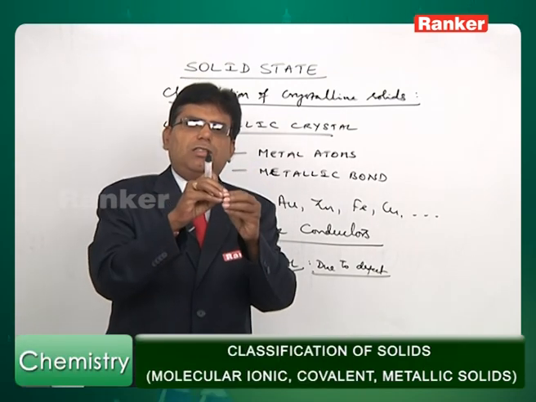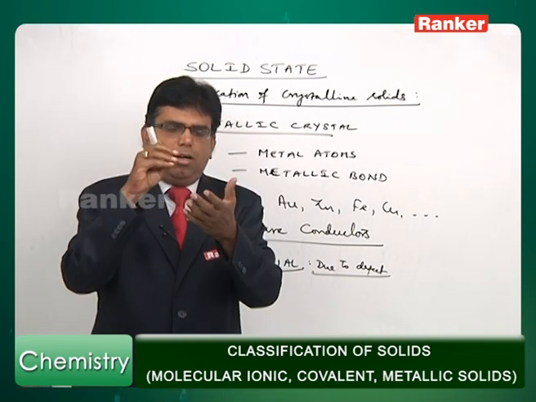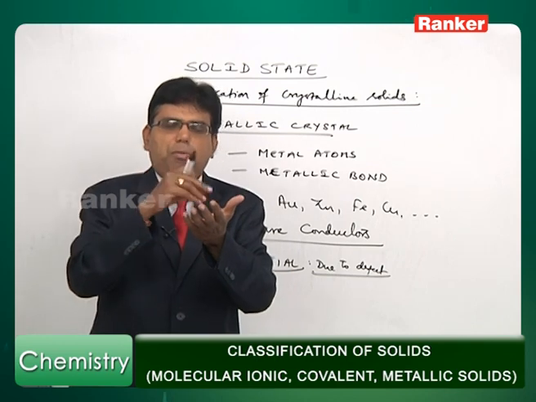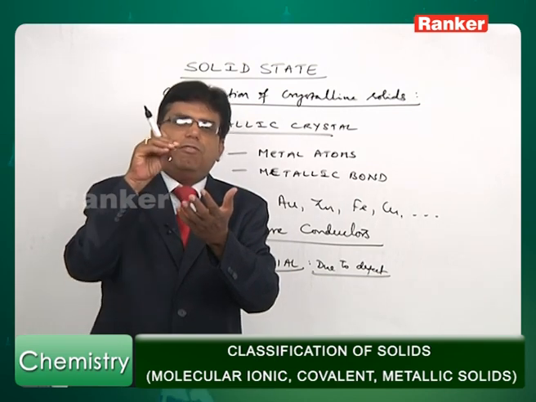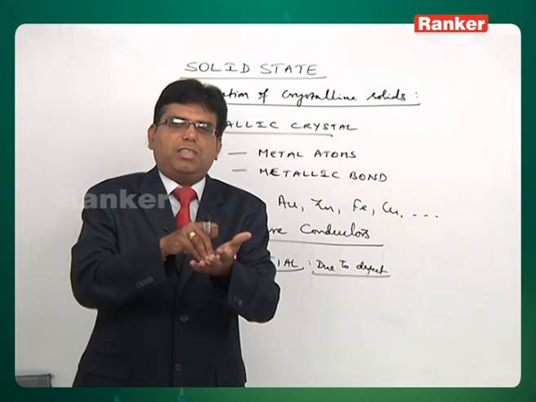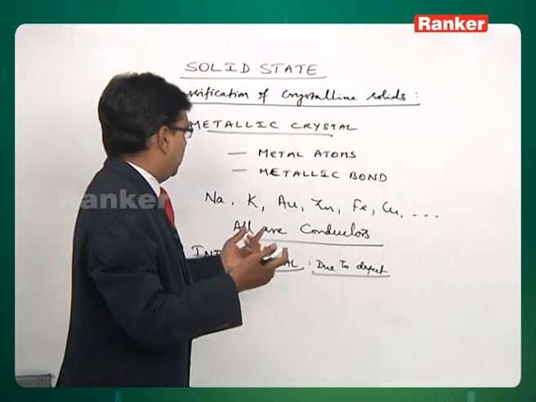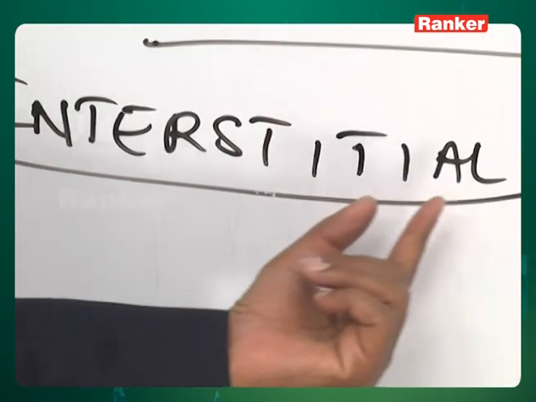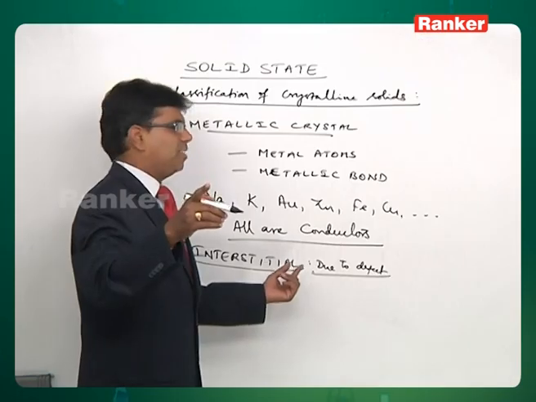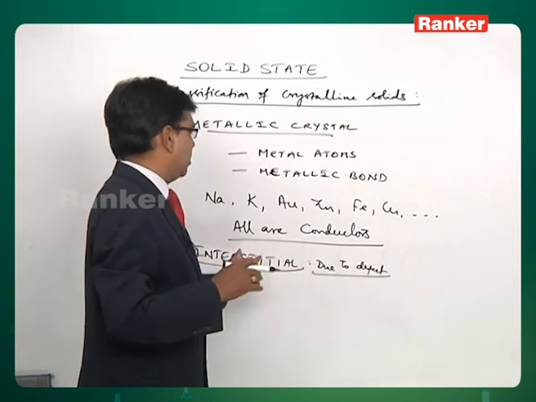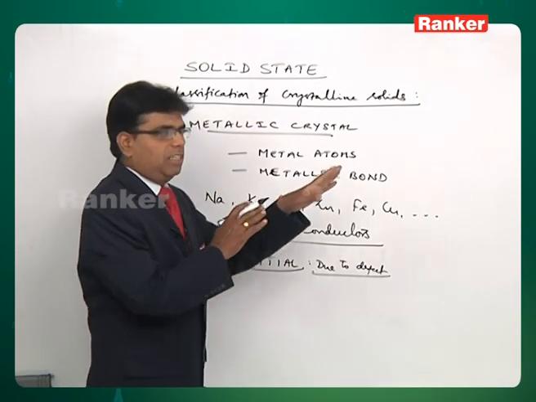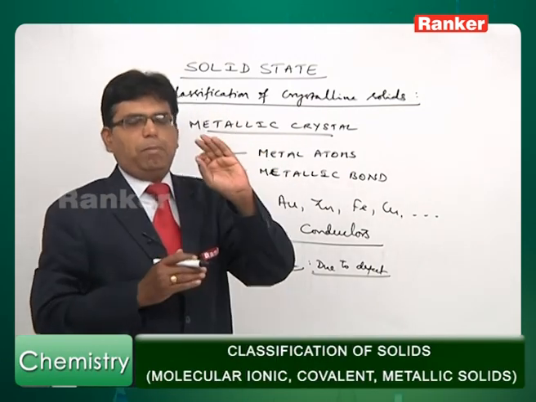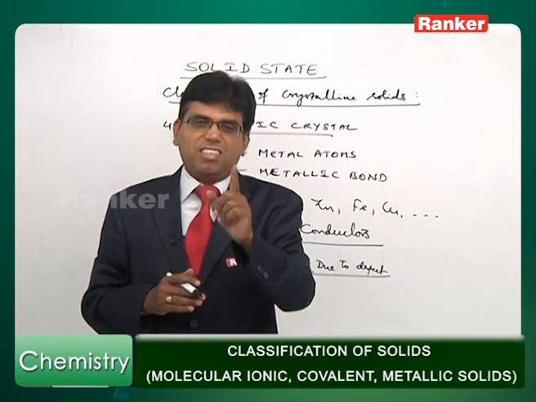In the defects, we discuss how different foreign atoms will occupy the interstitial sites and what difference in the properties this occupancy makes, which results in stoichiometric and non-stoichiometric defects. That is entirely a separate thing, not necessary to be considered under classification, but definitely that also makes certain difference as far as the classification is concerned. But that will come under each and every major classification. So, this now completes the classification of crystalline solids.